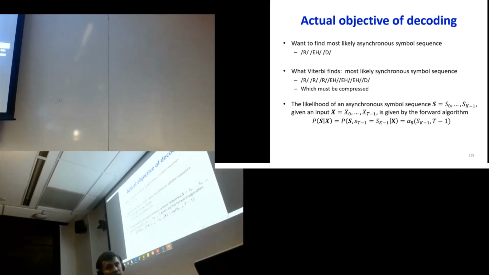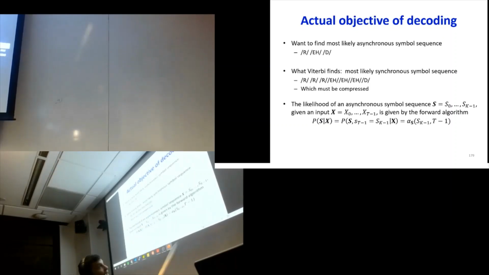We saw the distinction between these two earlier in the lecture when we were talking about the decoding process, right? So what Viterbi finds is the most likely time synchronous symbol sequence. It's going to find something like this: R R R E D, and you have to compress it.